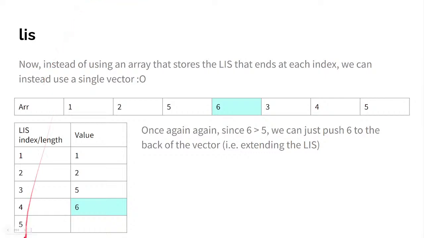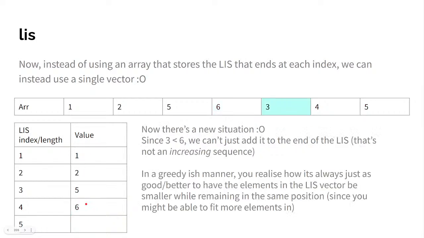So your vector contains your actual list. So we can just do 1, 2, 5, 6. Then what about 3? If 3 is less than 6, where is the most suitable place to put a 3? Obviously, you realize that it is always better to put it after the maximum element you can put it behind.